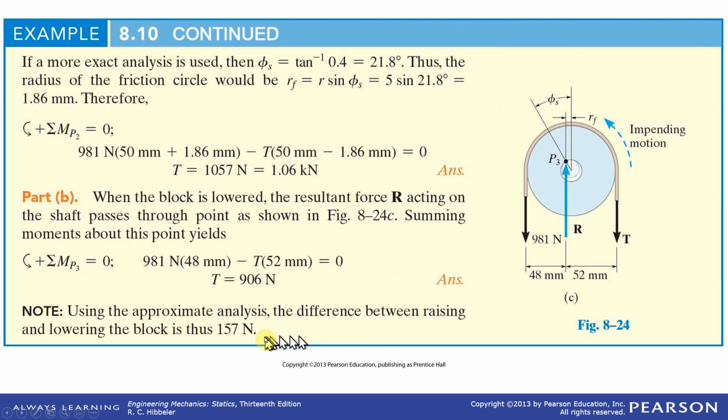The difference, it only takes 906 newtons to lower it. So T has to be much less. What is it, 75 newtons less? And then this moment is large enough to pull it in the counterclockwise direction. If T is this, let's see, 19 and 57 is 76. 76 newtons greater here, then you can start lifting it, overcoming friction, and then lift it.